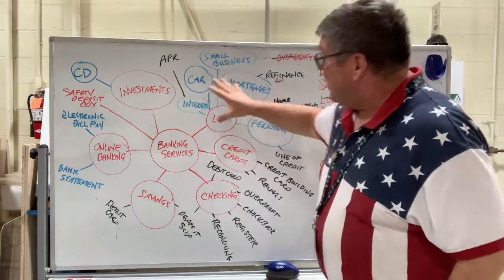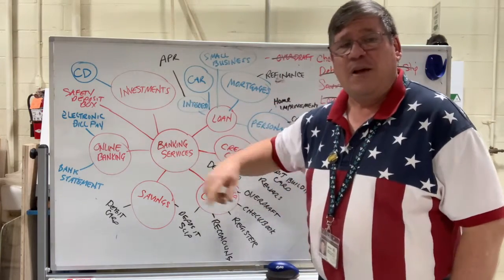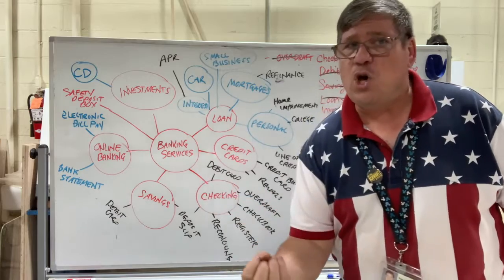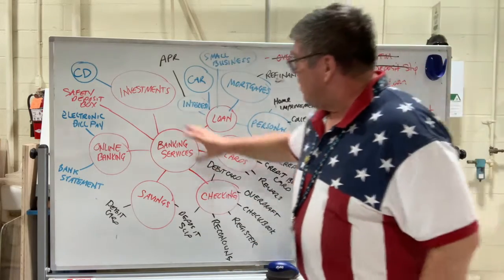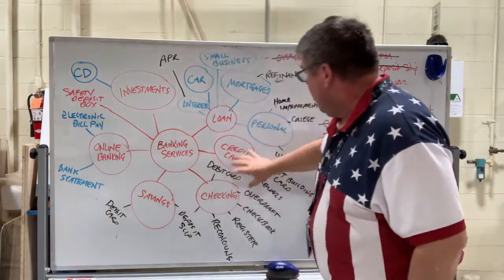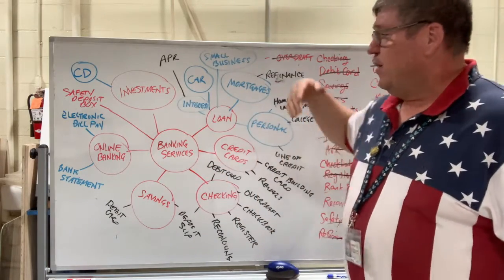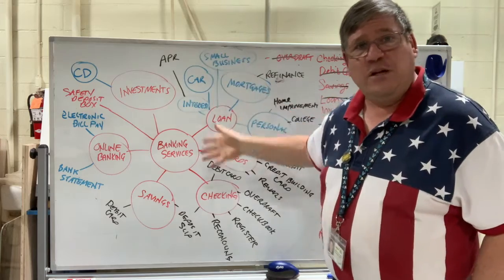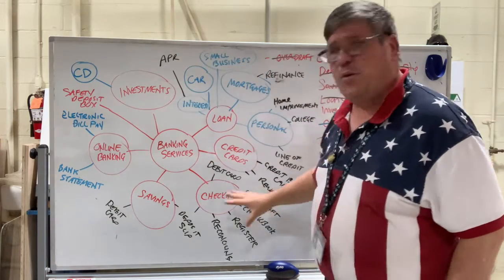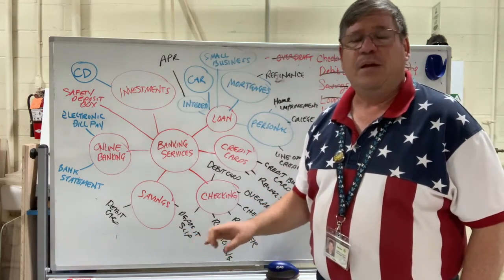So now I could take this graphic organizer and build an outline. My main points here would be the main headings in my outline, and then the A, B, C's and the 1, 2, 3s are all this little stuff around this.